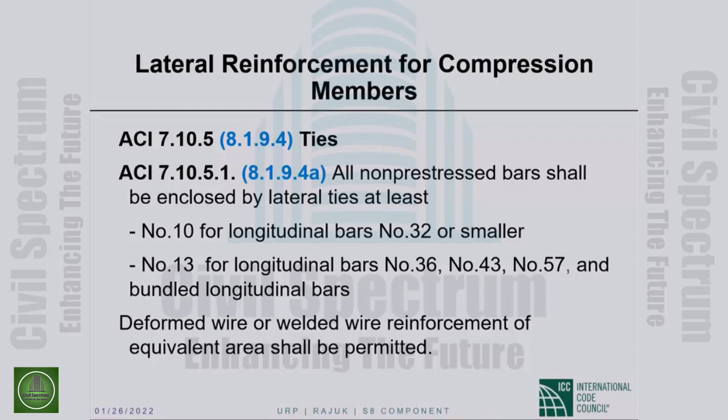So in our case, number 4 for longitudinal bars, and for numbers 36, 43, and 57, this is number 11, number 14, and number 18. Anyway, for the large bars, the minimum tie diameter is half an inch, 13 millimeters.